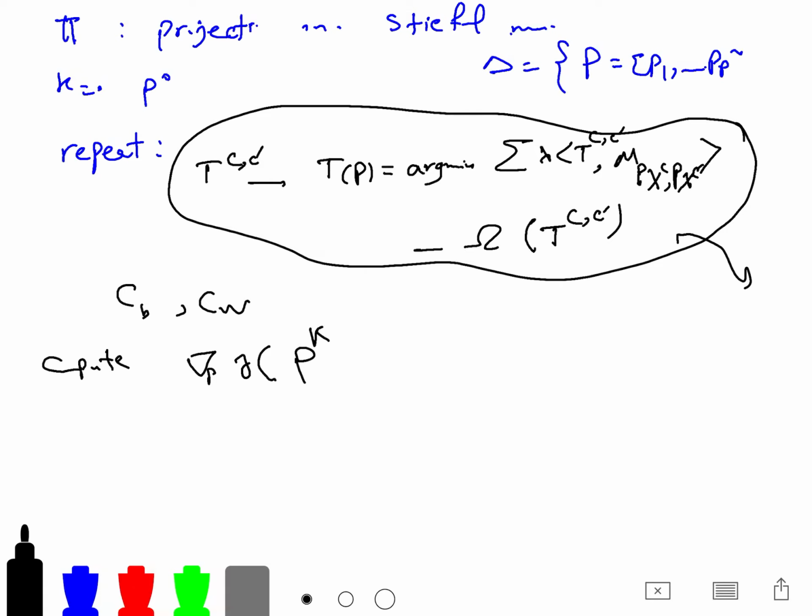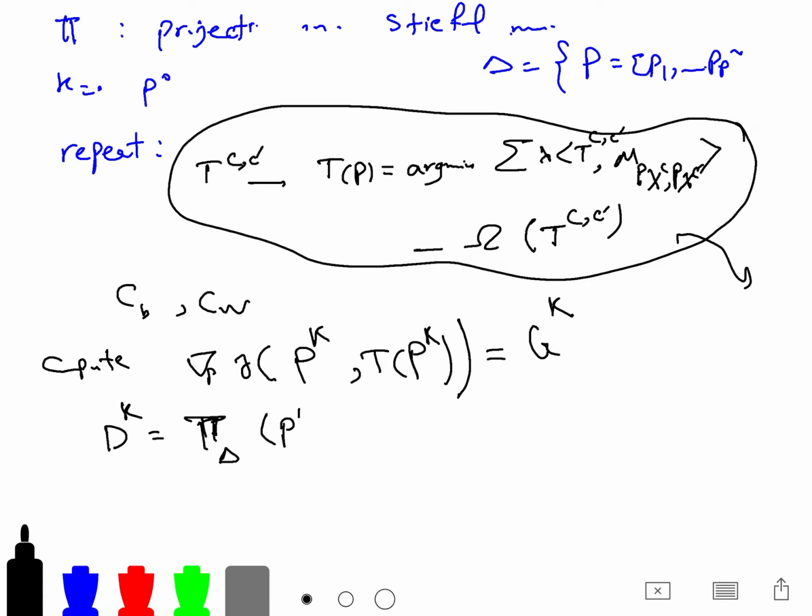So at step K, we have PK and TPK. It is an iterative algorithm. So the gradient at this step is JK. And because it is a descent direction, you write it like this: projection on the Stiefel manifold of PK minus G minus PK.